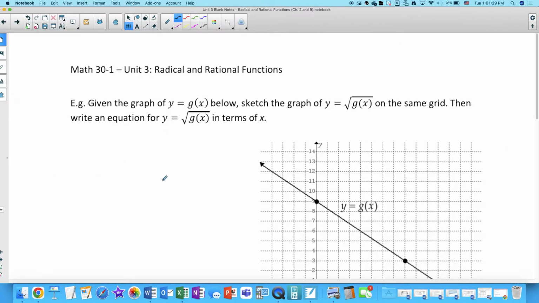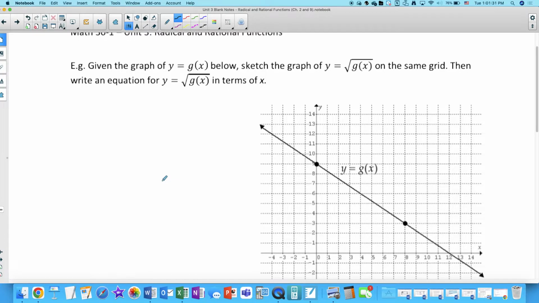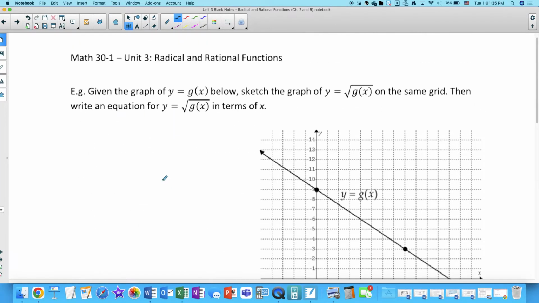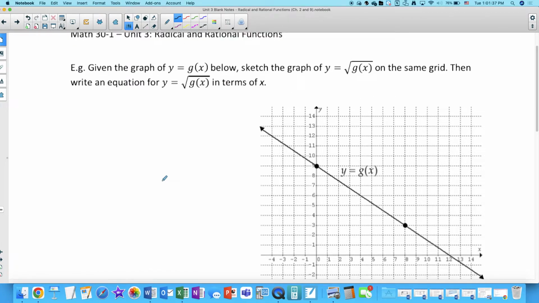So what we are going to look at next is various graphs, and connect a radical function to the original or vice versa. Okay? So given the graph of y equals g of x, that function over here is actually not defined in terms of x.